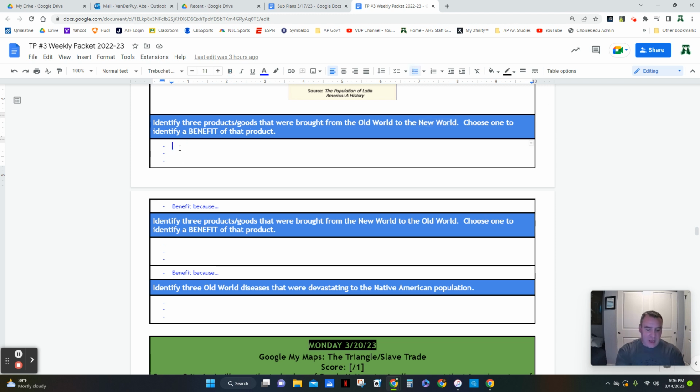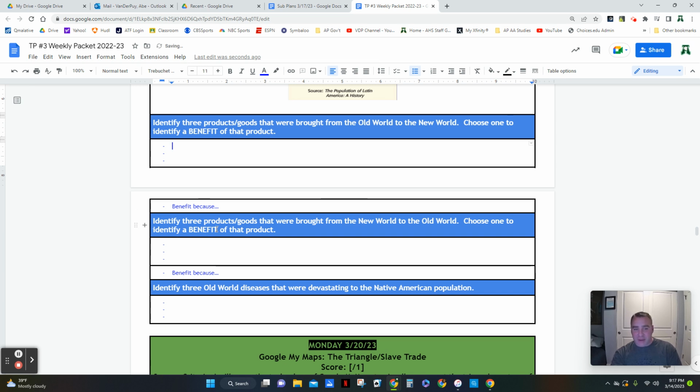So you're going to choose 3 different products, and make this last one a product that you can then tell me why that's a benefit. Why is that product good for the place that it ended up? So for these Old World products, what was brought from the Old World to the New? Choose 3 of them and then pick one, make it your last one, to show why that was a benefit.